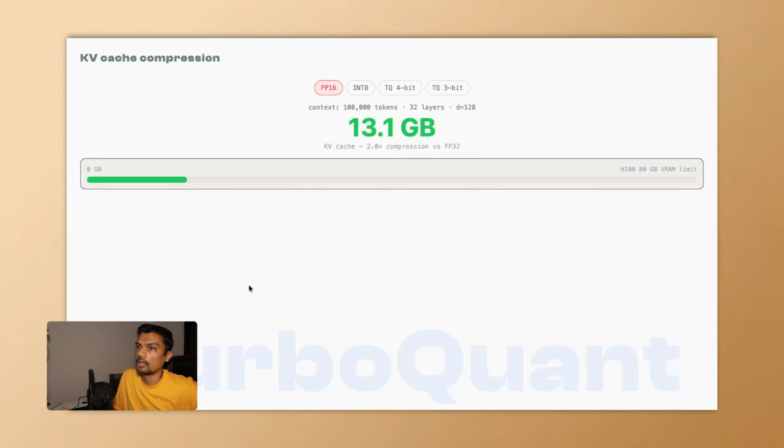With TurboQuant at 4-bit, 8 times compression, that drops to around 13 GB. With 3.5 bits, we are near 11 GB. And the paper shows that at 3.5 bits, the quality loss is essentially 0.